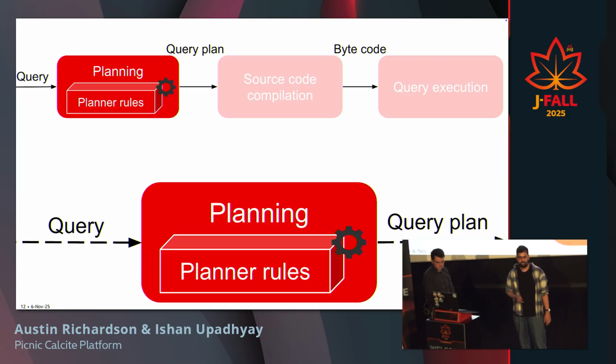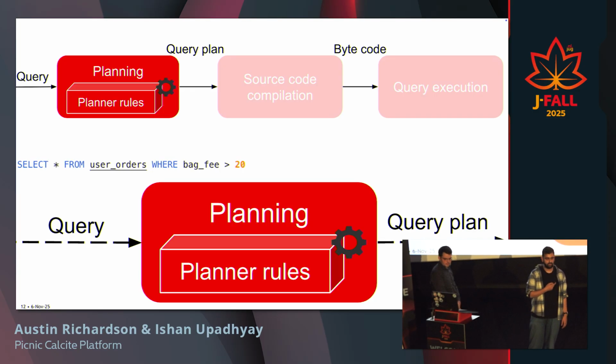So the first stage is planning. During the planning stage, you have a query that might look like this. The planner first converts this query into a query plan, which is just a tree of nodes. Each of these nodes is an operation, and each operation has a cost.